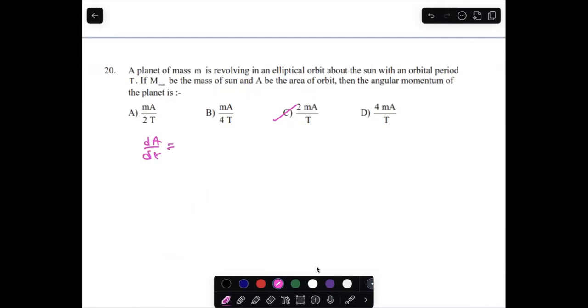Areal velocity is given as L by 2 times m. The area covered is A and one time period is T, so A by T equals L by 2m. So therefore, L is 2mA by T. It's such an easy question, you see. You don't find such easy questions often in IIT question papers. Easy question, you should not miss this.